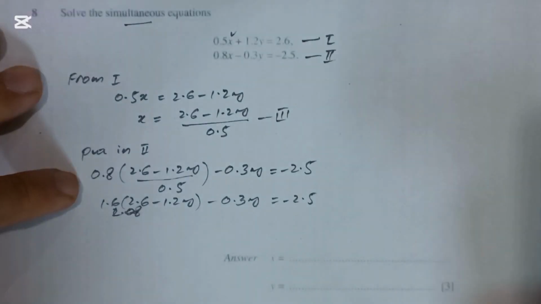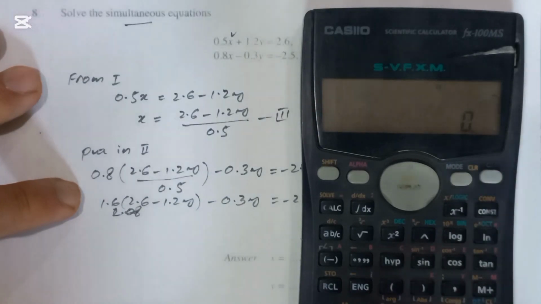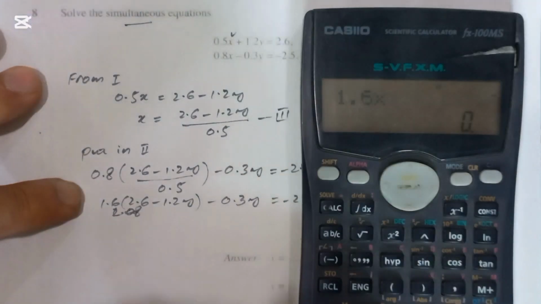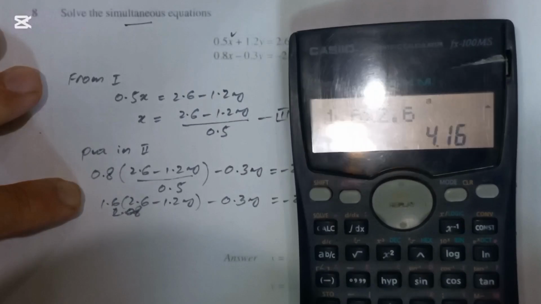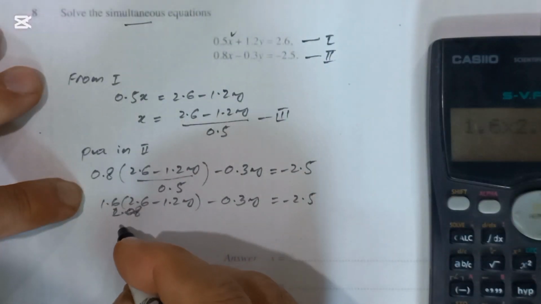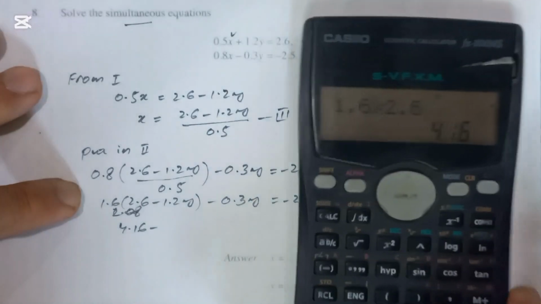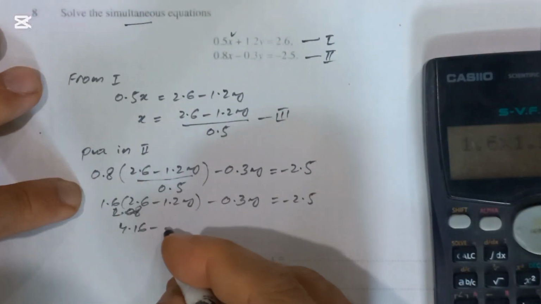Now multiply it inside the bracket. So 1.6 multiplied by 2.6 equals 4.16, minus 1.6 into 1.2 is 1.92.